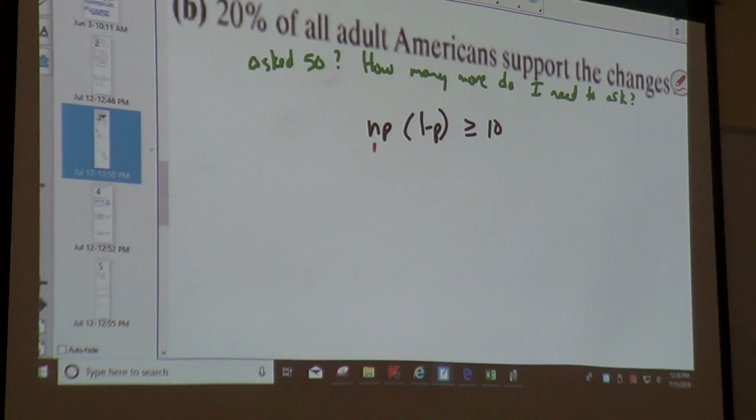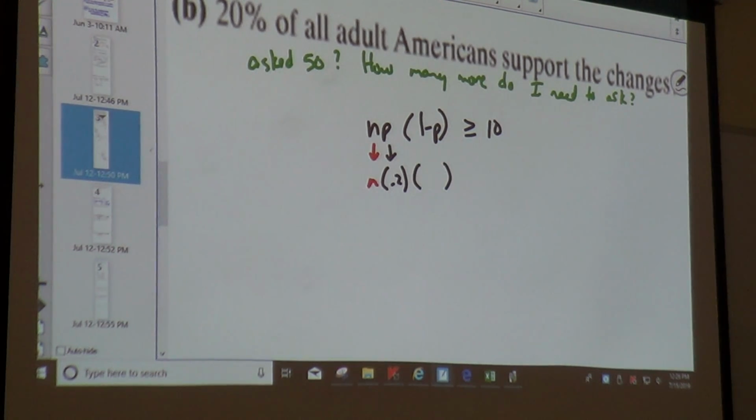We know that 50 was not enough, so our question is now, what is enough? 50 did not work. What is our p? 0.2 or 0.20. So 1 minus p is going to be 0.80 or 0.8.